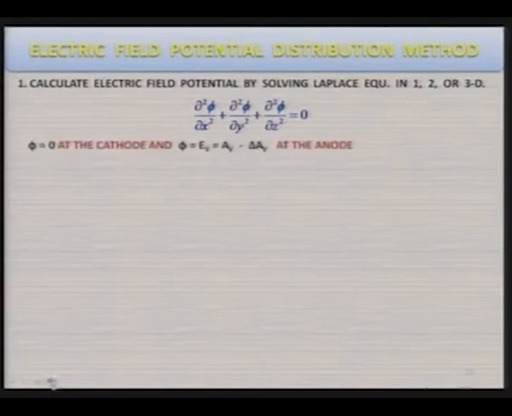The boundary conditions are phi equal to 0 at the cathode and phi equal to EV, which is AV minus delta AV, at the anode, where AV is the applied voltage across the electrodes and delta AV is the over potential that exists at that particular point. So, from these two data you can find the effective voltage EV. Now, then calculate the current density J.